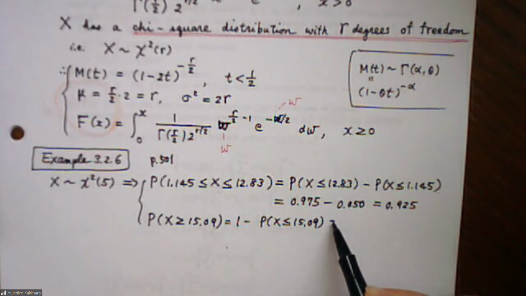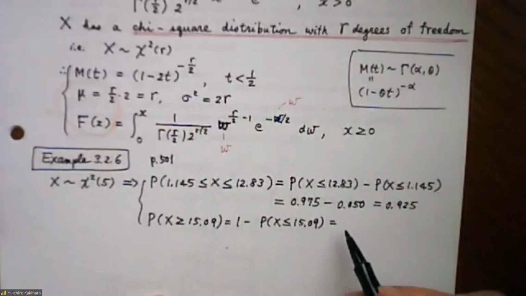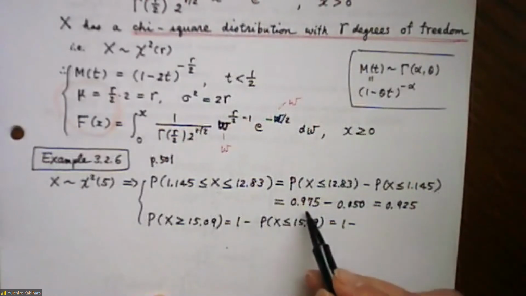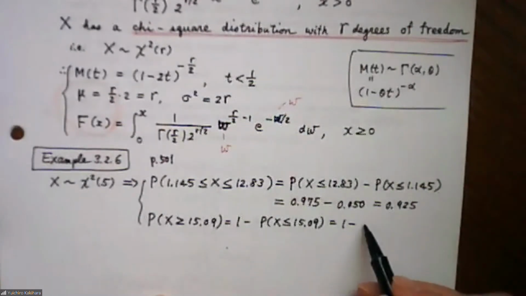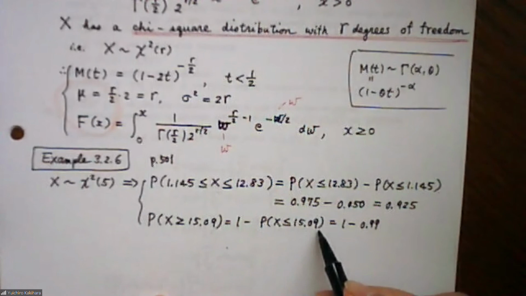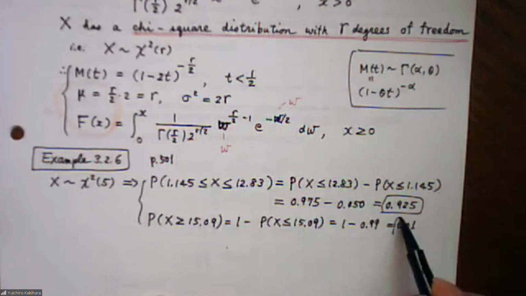Or just take the complement. Of course, the equality sign is removed, but that's okay. And this is 1 minus, looking at this number from the table, 0.99. So this is equal to 0.01. These are the answers.